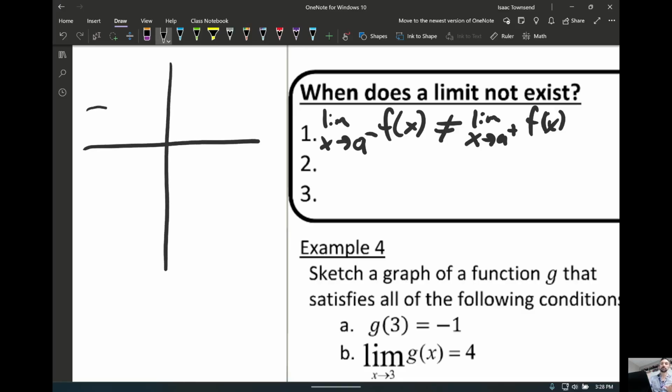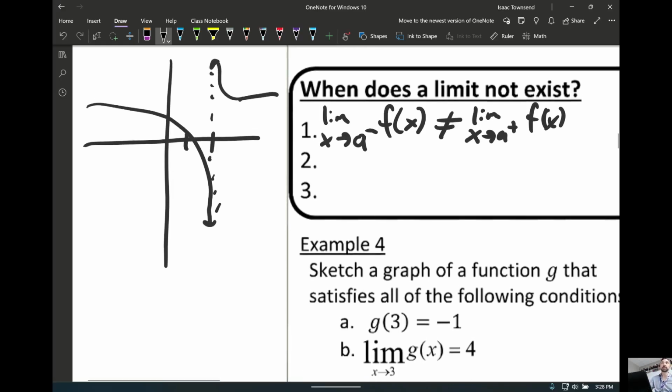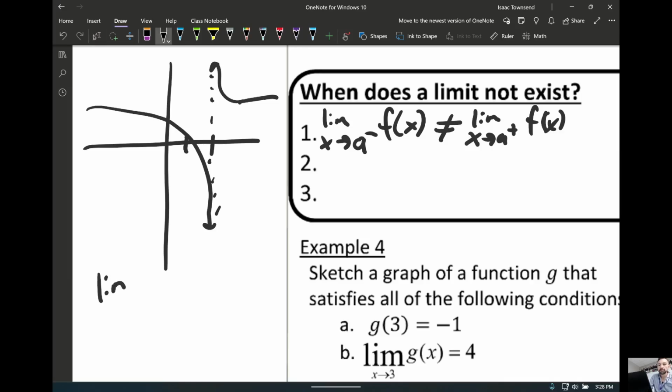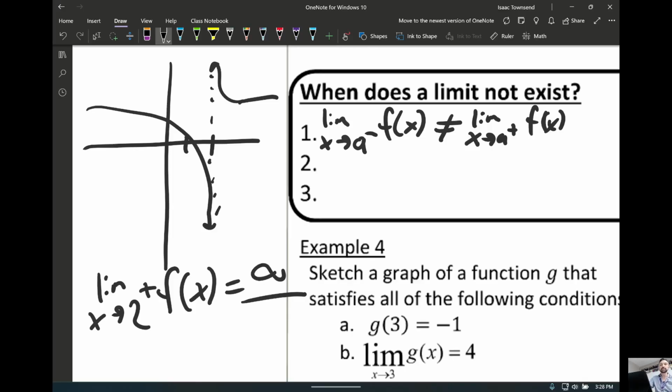So remember, sometimes you did some rational function stuff that looks like this, and maybe there's an asymptote at x equals 2, right? So let me ask you this. What is the limit as x approaches 2 from the right of this? What would you say that answer is? Very good. It's infinity. Do you see how this goes straight up?